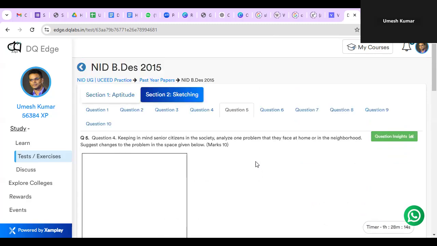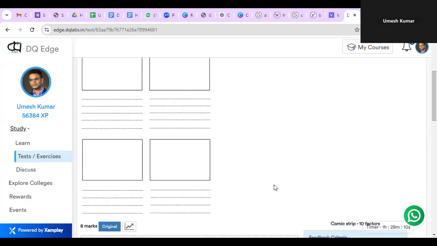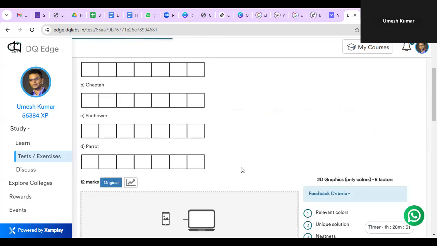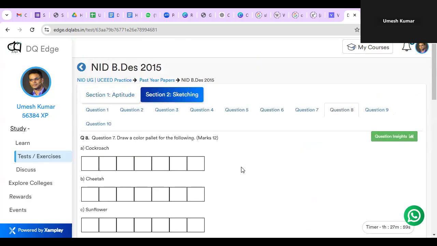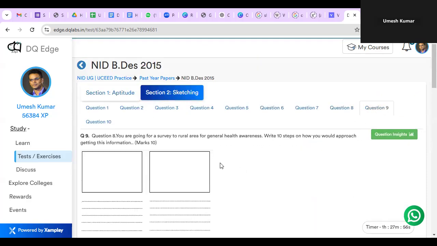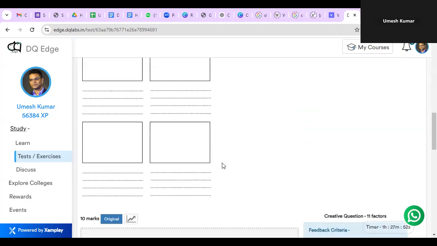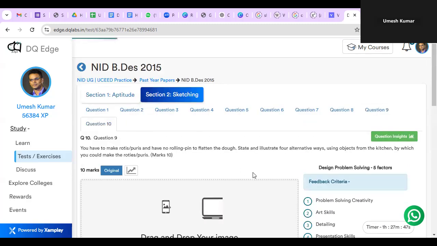And 10 marks design problem solving. 8 marks, this is comic strip. 8 marks theme sketch. 12 marks 2D graphics. 10 marks for creative question. 10 marks for design problem solving, 20 minutes.